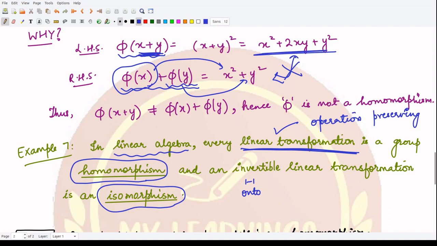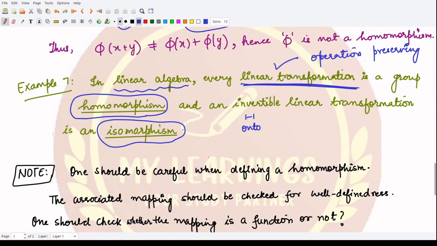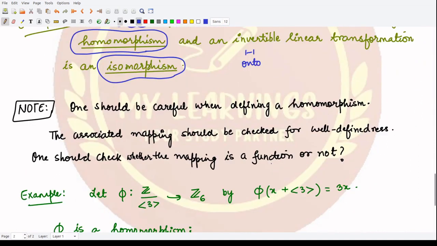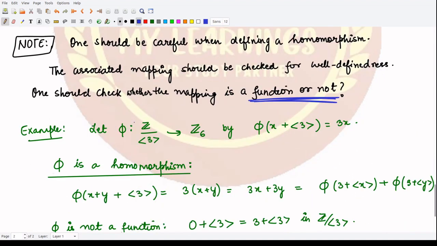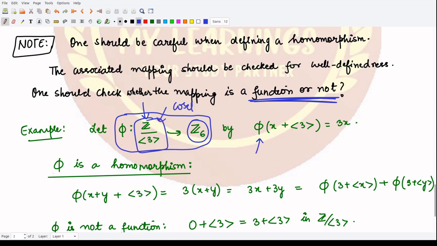When you define any homomorphism, which is quite simple, one thing should be kept in mind: you should check whether it is a function or not. This thing should be checked. For example, let's define this map phi from the quotient group or factor group of Z with the subgroup generated by 3, to Z6, which is the group of integers modulo 6, and we define it like this: the elements here are of coset type, right?